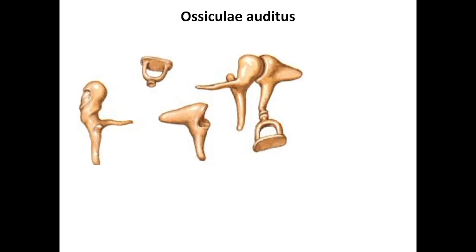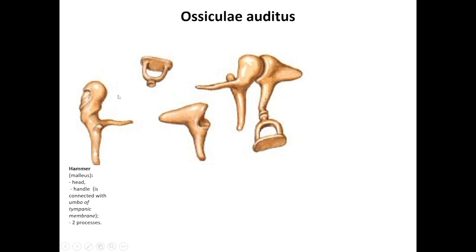Now let us try to see these small bones, ossiculi auditus, as in a photograph. So this is hammer or malleus.